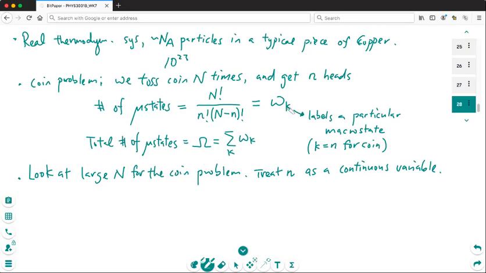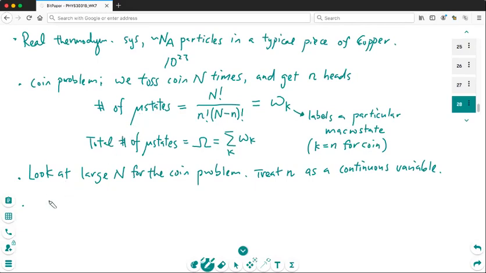Now this is omega k, omega sub k, this is omega. Once I treat it as a continuous variable, I can write this as omega as a function of k, but k is n, so this is a continuous curve, this omega. Okay, so what I want to do is find the most probable macrostate. So I want to find the most number of microstates.